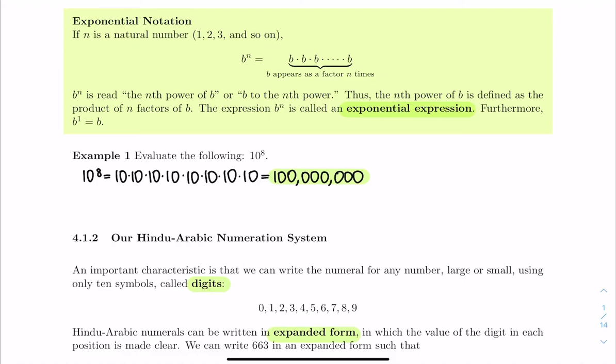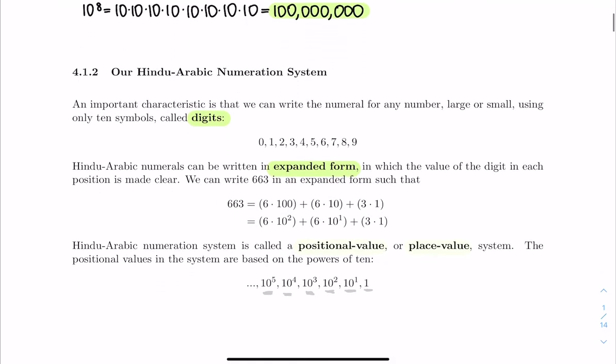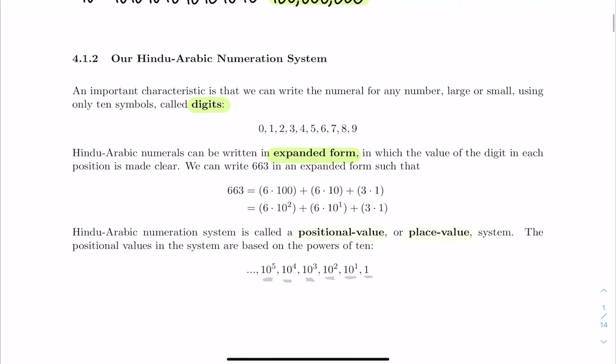For example, we can write 663 in expanded form as 6 times 100 plus 6 times 10 plus 3 times 1. Well, we can rewrite 100 as 10 squared, 10 is just 10 to the first, and then 1 is not going to change.